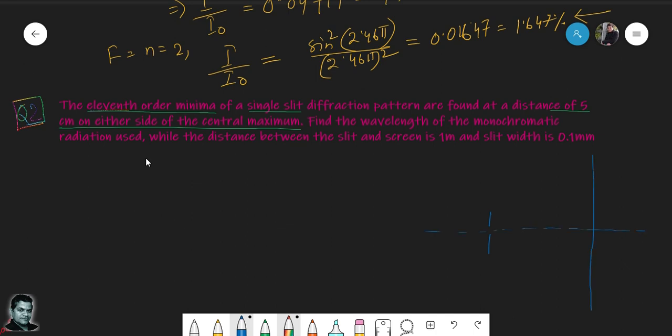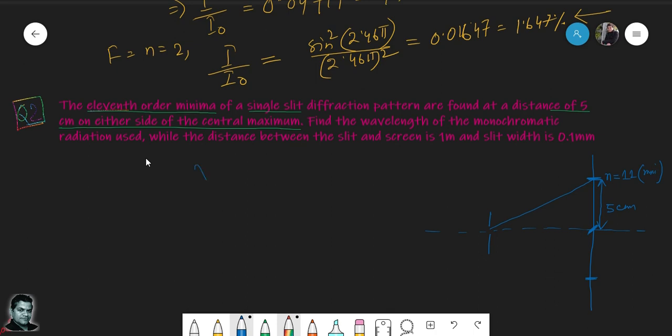This is the central line. So the central maxima is here, and from this, let's say this is the position where the 11th order minima is formed, and this distance is 5 centimeter. Similarly, there would be the 11th order minima here. Then find the wavelength of the monochromatic light used.